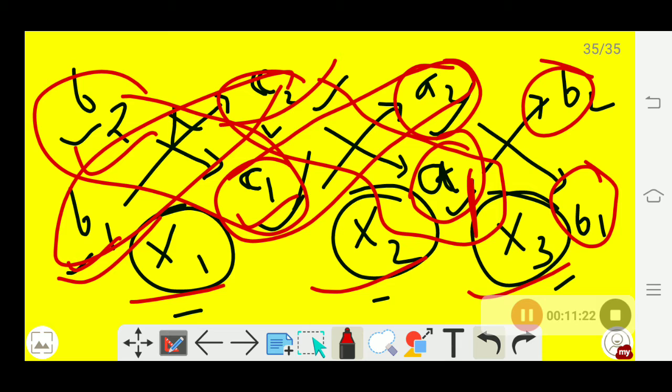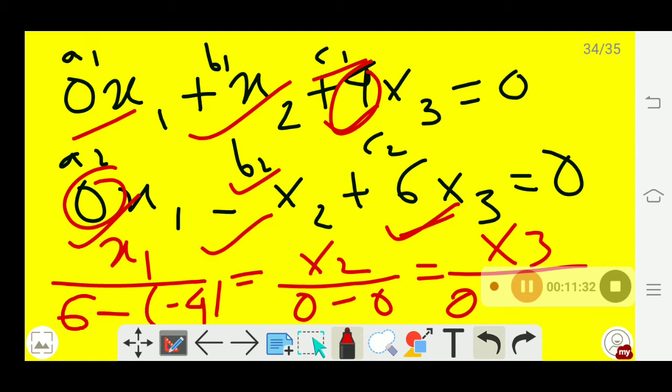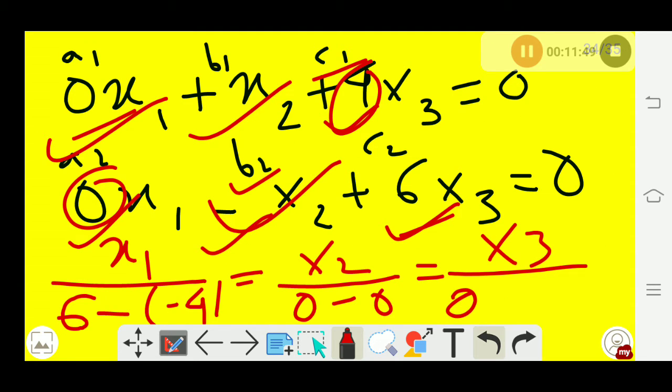Similarly, a2 into b1 is 0, and a1 into b2 is 0, a2 into b1 is also 0. So what I'm getting is 10.